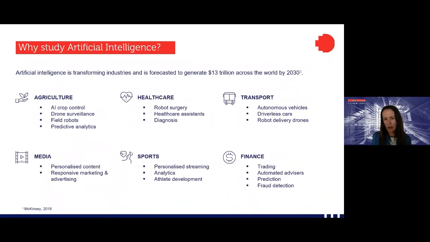Sports, personalized streaming, finance, it goes on and on. It extends to retail, law. I come back to the point, it's hard to imagine any industry that isn't already being transformed or set to be transformed by the application of AI within it. Next slide, please.